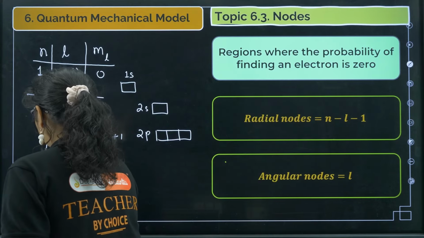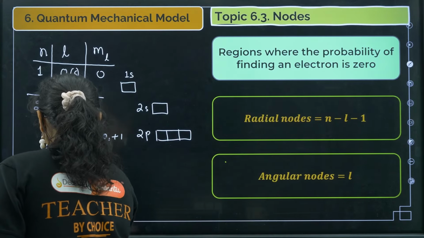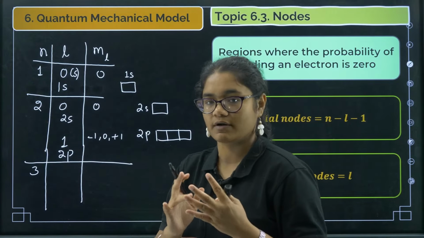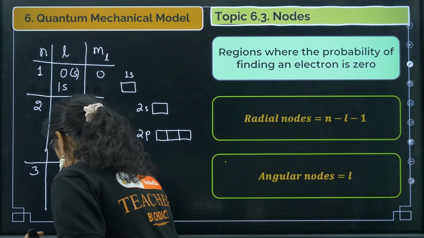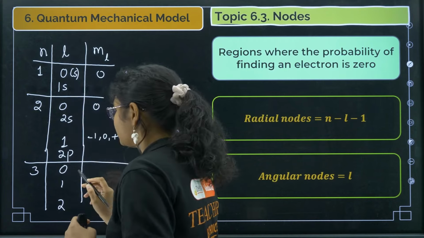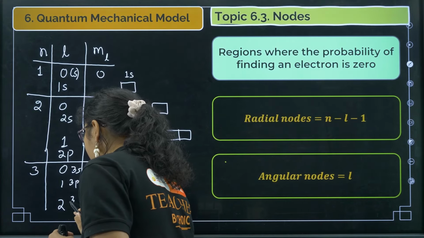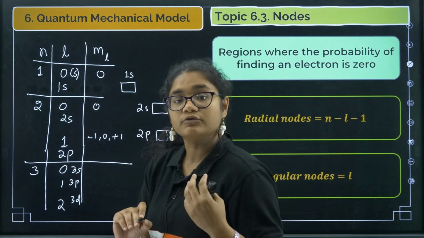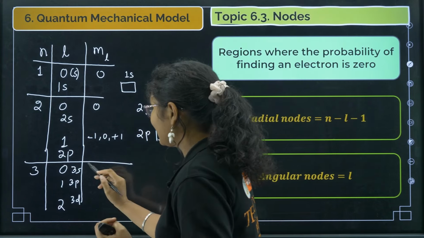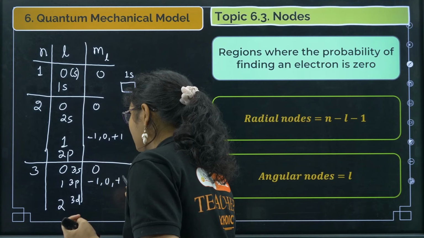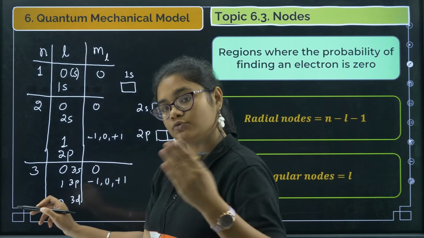Now if I come to 3, what are the L values? I have 0, 1 and 2. That means it is 3s, 3p and 3d. Now 3s has only 0. P has minus 1, 0 and plus 1, and D is minus 2 to plus 2.